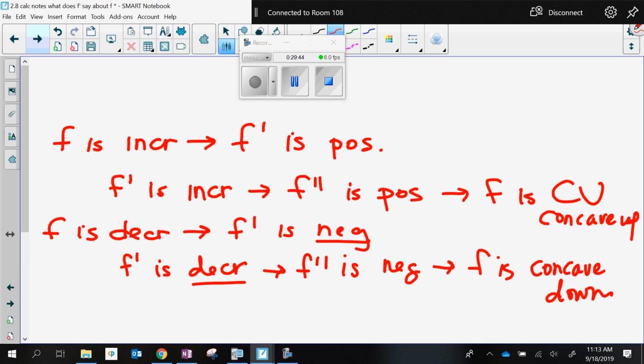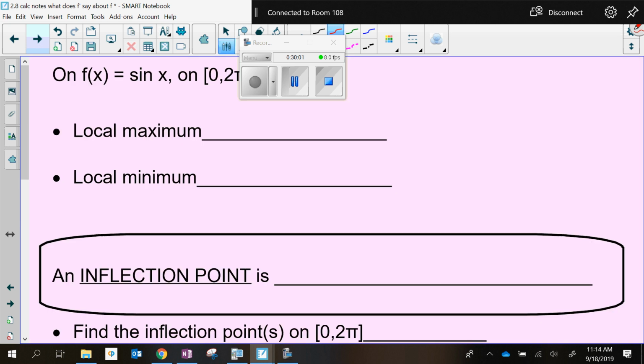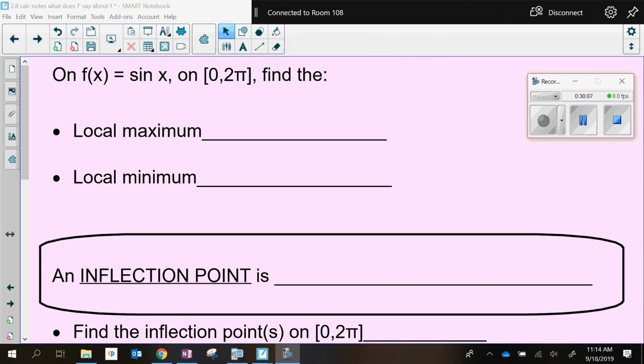It's the same relationship between F double prime and F prime, except we talk about concavity. With F and F prime, we talk about increasing and decreasing. So those are all the words. You're going to get mixed up, so you just have to keep reinforcing them.